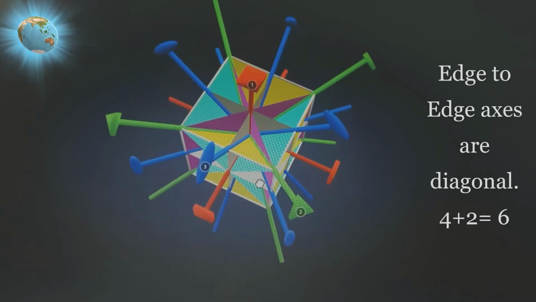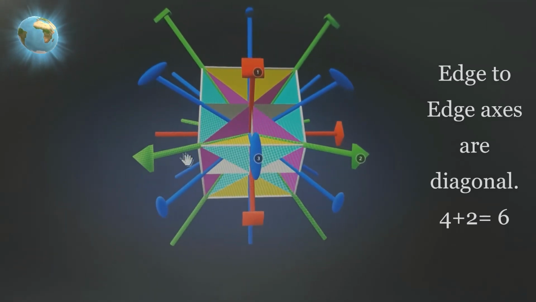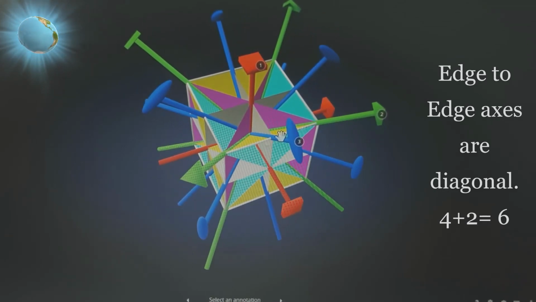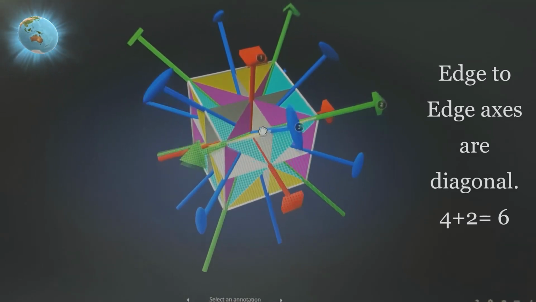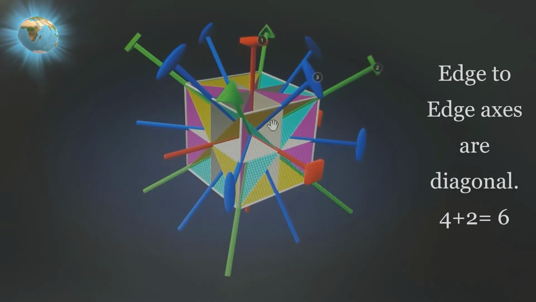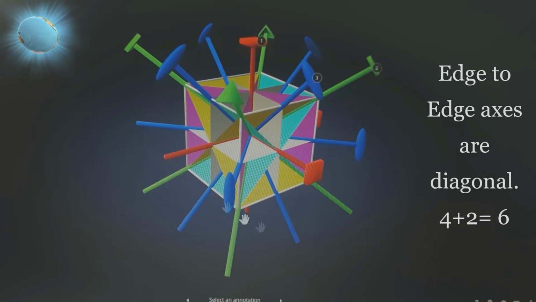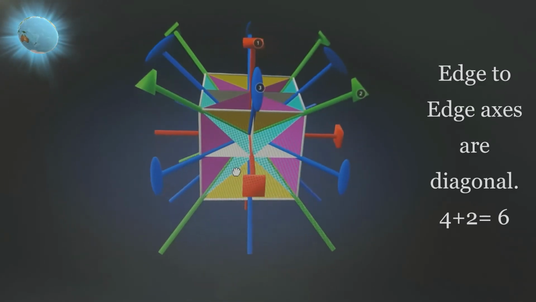So how many total? Let's go again. This is one axis, this is second axis, this edge, this third axis, this edge, this fourth axis, which are at the top. That has covered bottom edges also. So 4 edge to edge going axes are there at the top. Now here we have 2 more.